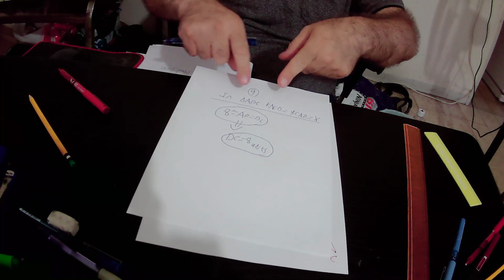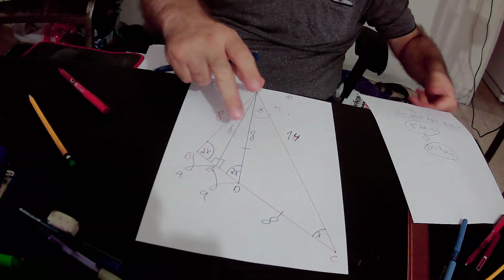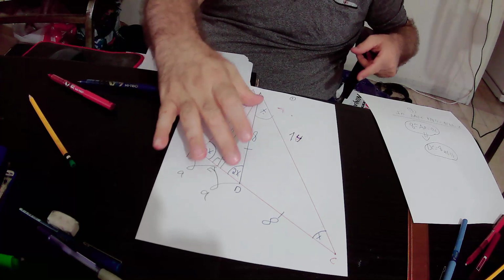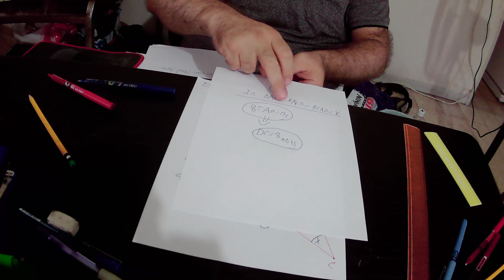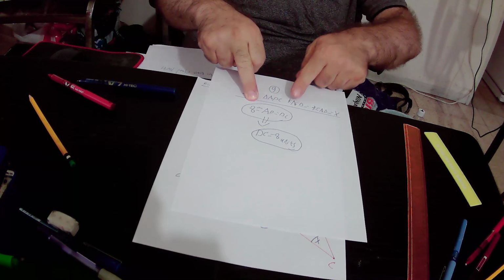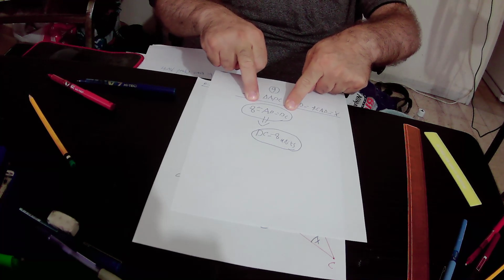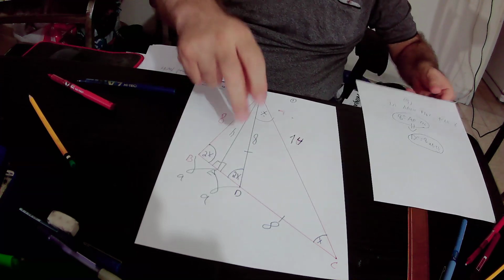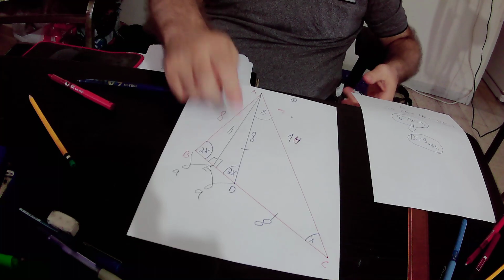That is to say, AD will be equal to DC, and we know that AD equals 8 units. So from this equality we can derive that DC also equals 8 units.